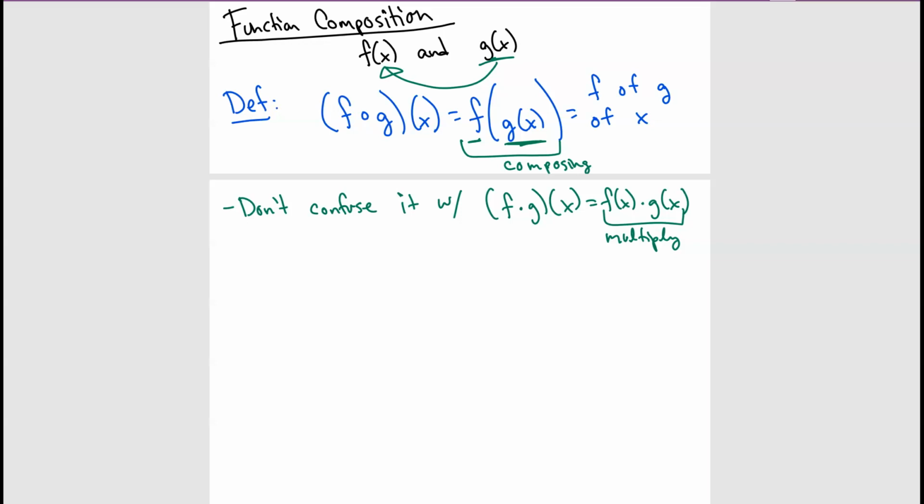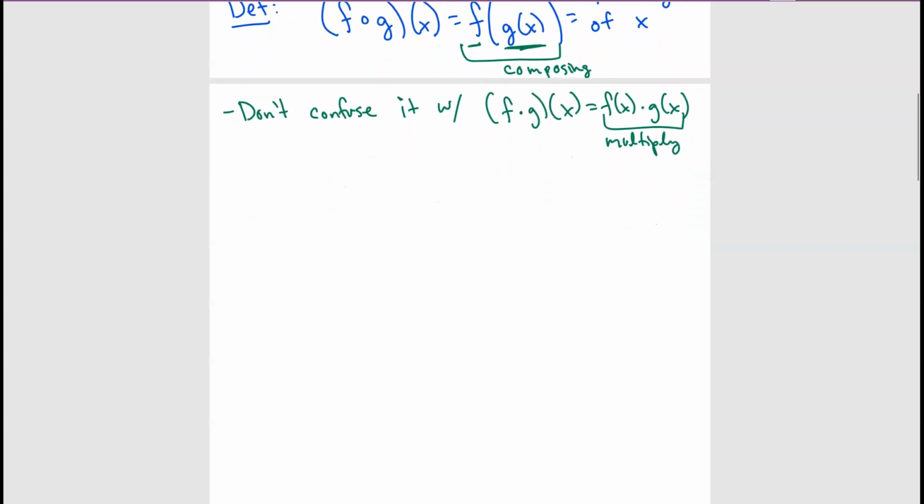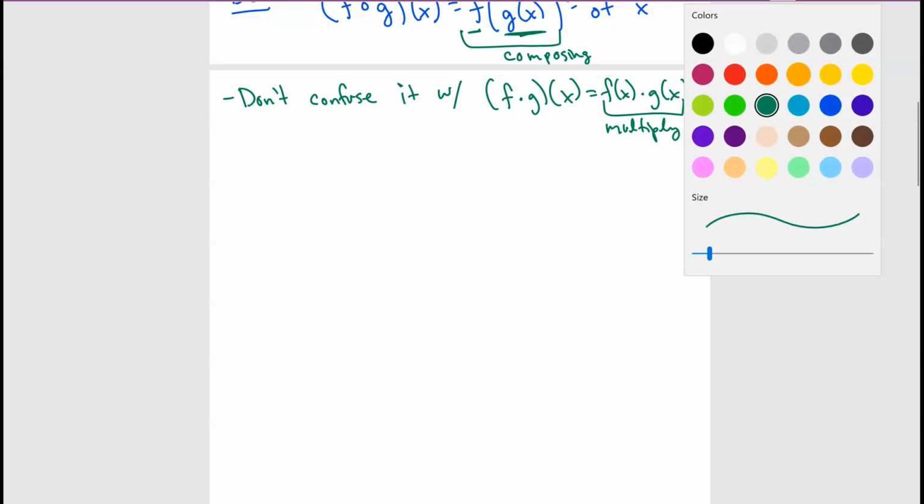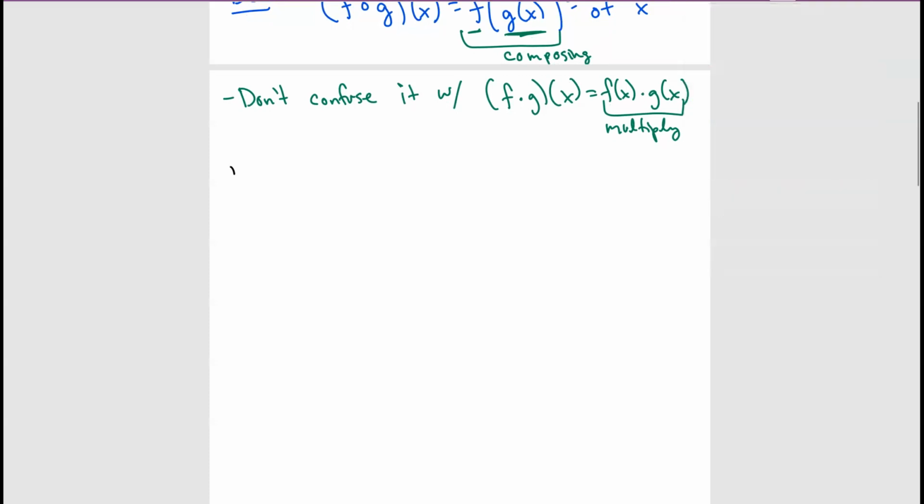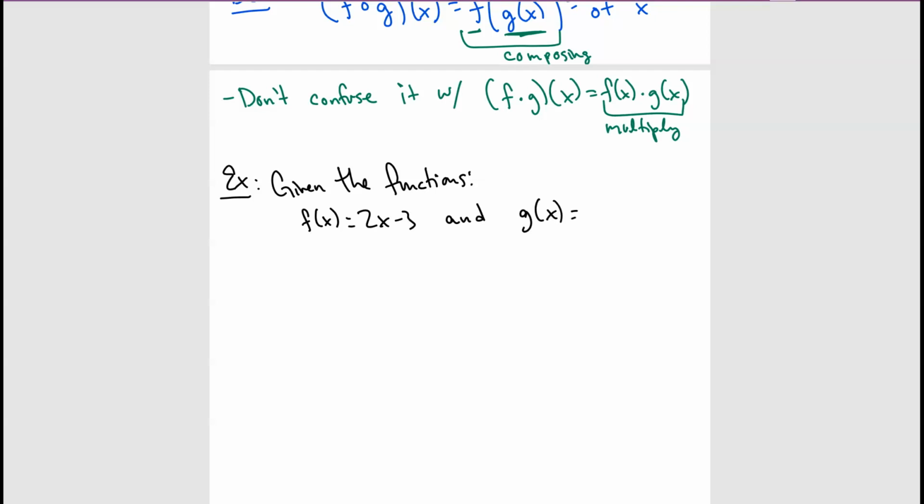Let me give you a couple of examples, that way you can see how these functions work. Given the functions, let's say f of x is equal to 2x minus 3 and g of x is equal to x minus 7. Here we have two linear functions because they only have one x.